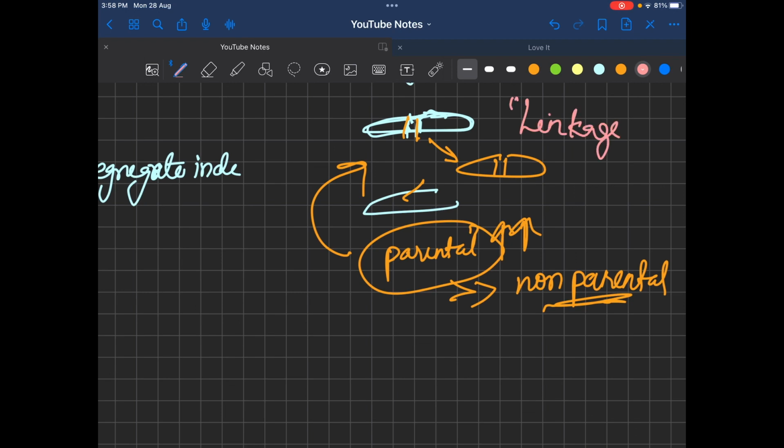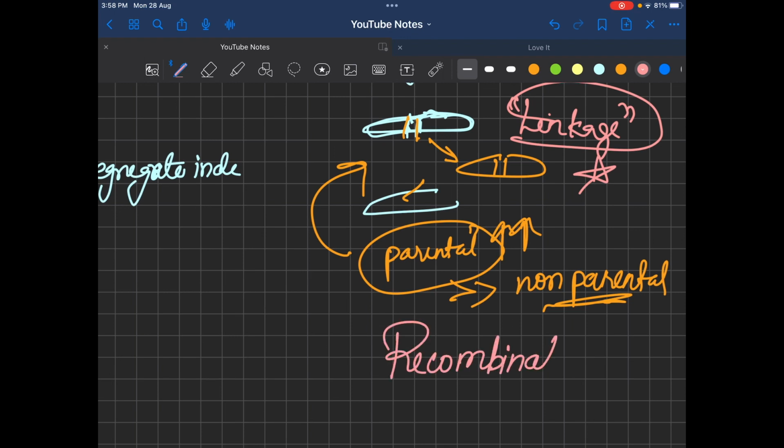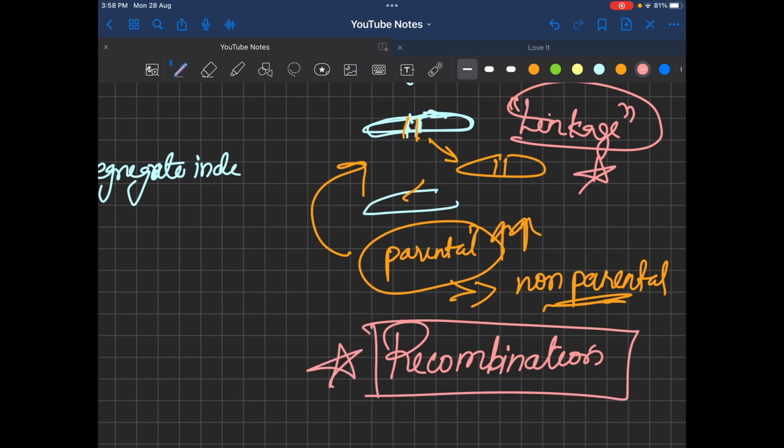Linkage word was given by Morgan, very important, to describe the physical association of genes on a chromosome, and the term recombination also was given by Morgan. Recombination and linkage, both the words were termed by Morgan.